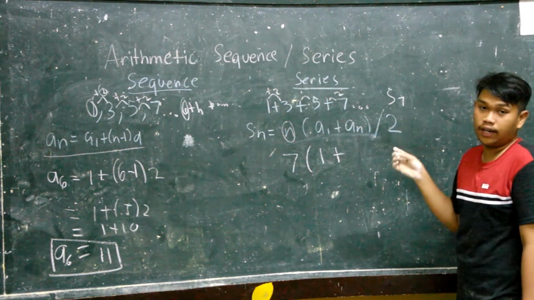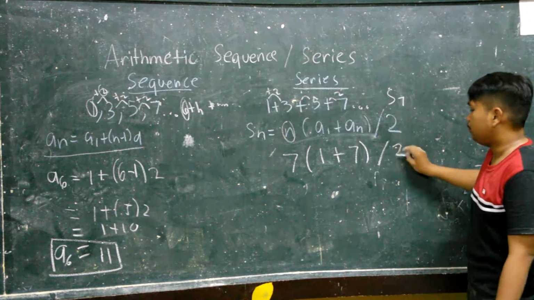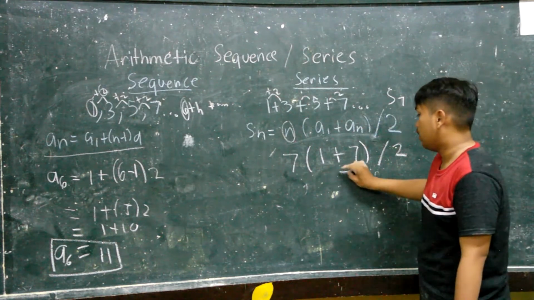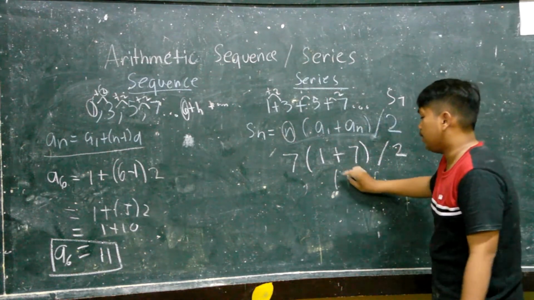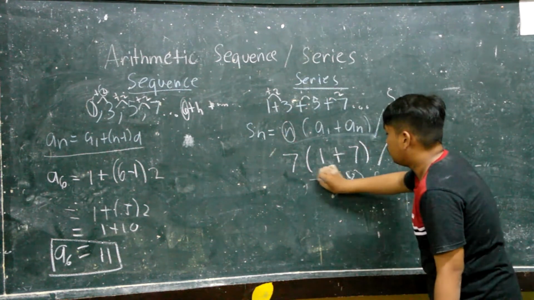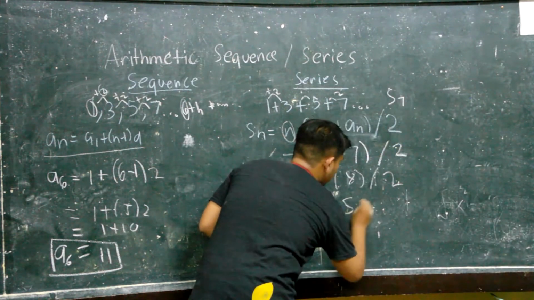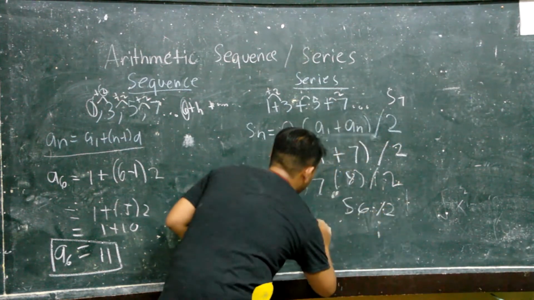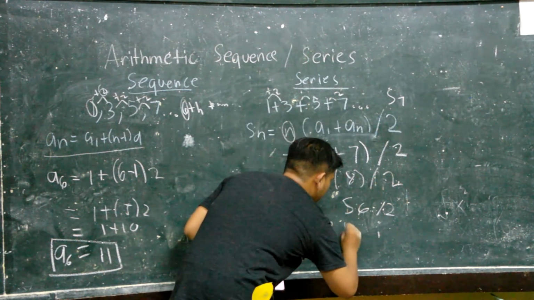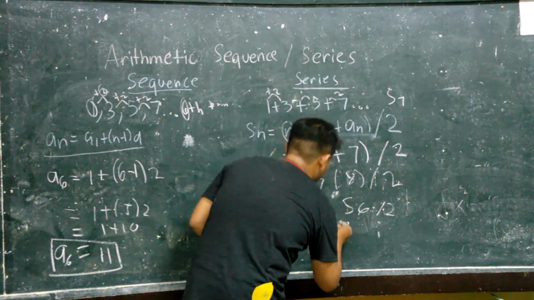So to find S7, it's going to be 7 divided by 2, times the quantity 1 plus 7, which is 8. So 7 times 8 divided by 2, so 56 divided by 2. So S7 is going to be 28.